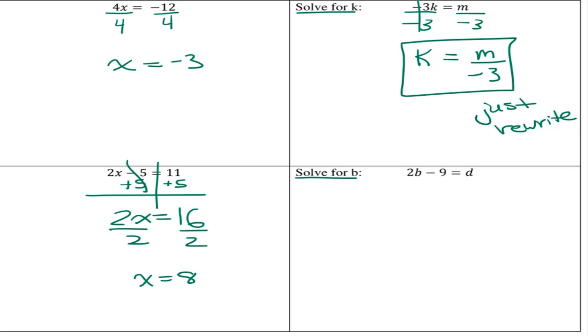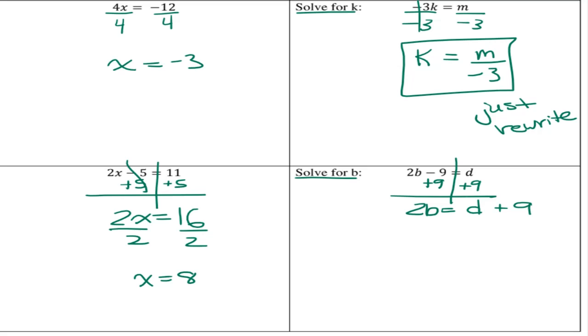I want to solve for b. So again, my focus is on b. I'm not focused on this letter over here. All I'm going to do is get everything away from the letter b. So again, draw my line down, get rid of any adding or subtracting first. 2b equals. Now I have to ask myself, are these like terms? Nope. Then just rewrite d plus 9. That's all I can do.